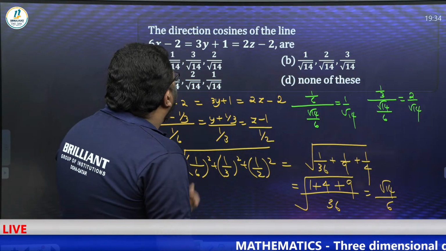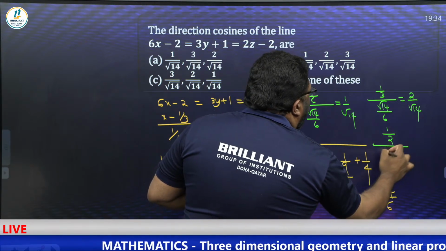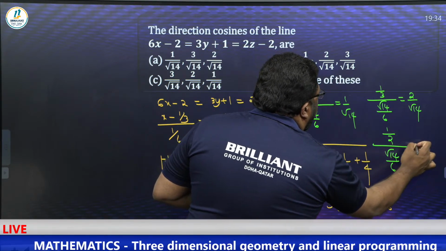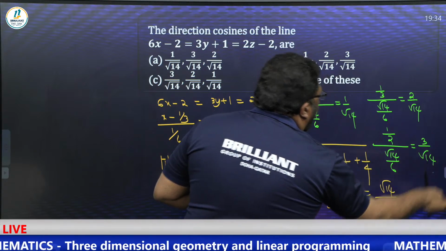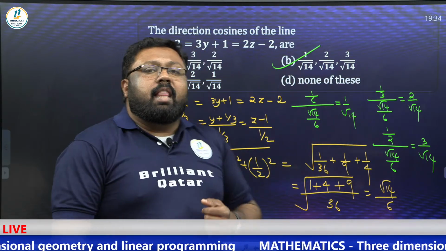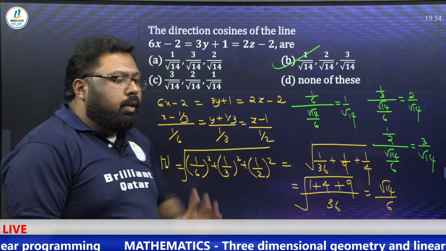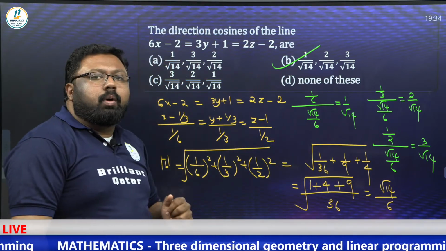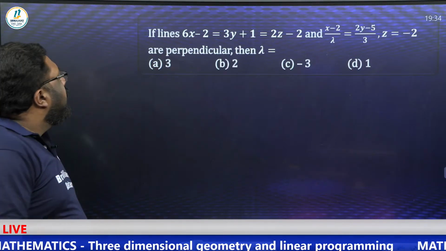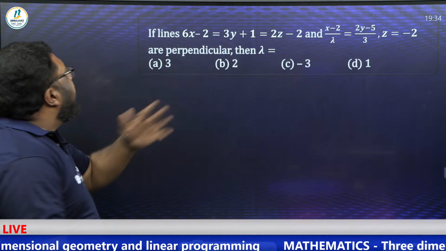And the last one, 1 by 2 divided by root 14 by 6 is 3 by root 14. So 1 by root 14, 2 by root 14, 3 by root 14. They are making you do the calculation with fractions, so please concentrate and do it. Okay, moving on. If the lines are perpendicular, find the value of lambda.